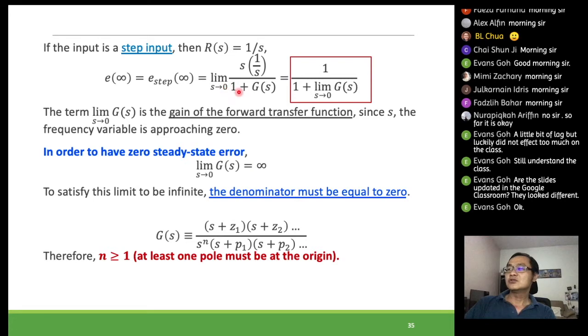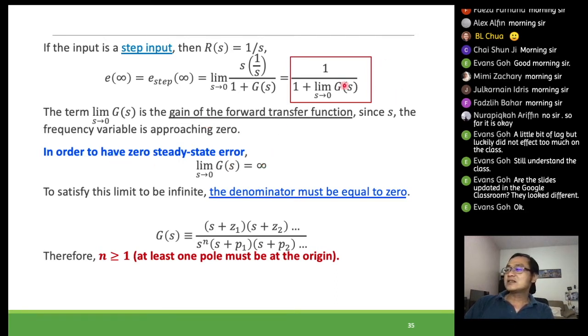So when we distribute into each of these, it's basically taking the limit as s approaches 0 of the transfer function G, and this transfer function would be the forward gain, the value that we have in the transfer function.